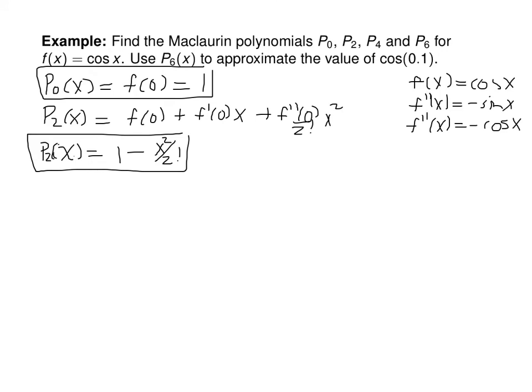Next, let's find the fourth degree Maclaurin polynomial. So in this fourth degree polynomial approximation, we will add on the terms with x cubed and x to the fourth.